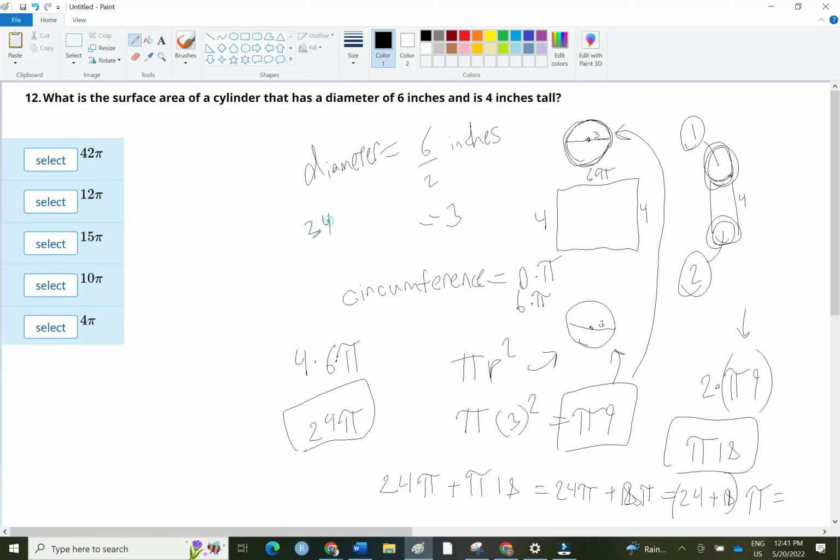Let's just write that out because I don't really want to do that in my head. 24 plus 18 is 42, so 42 pi. And that's your answer. So let's look over here, see where we got that. That is the first answer, and that is the answer to the problem.